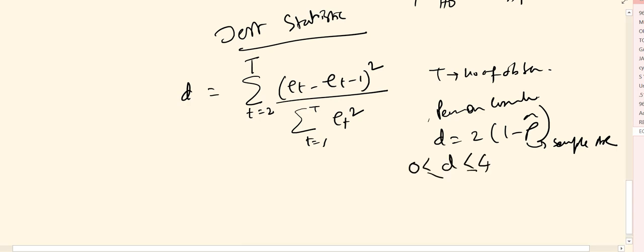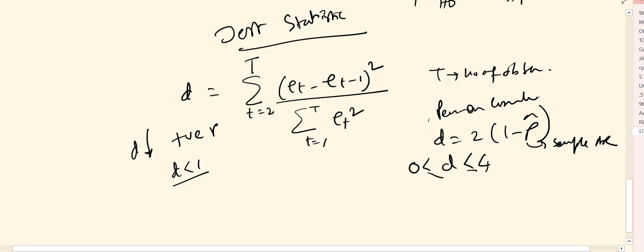Clear? If the Durbin-Watson statistic is substantially less than 2, there is evidence of positive correlation. So D is very low, so positive autocorrelation. As a rule of thumb, if the Durbin-Watson value D is less than 1, there may be cause for alarm.